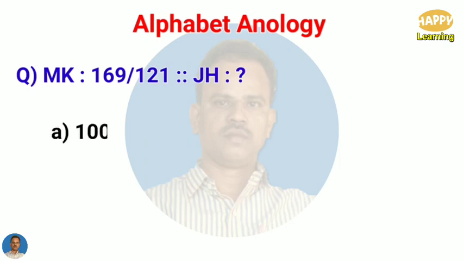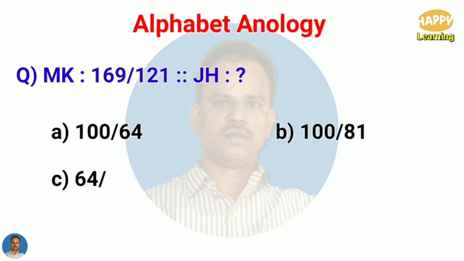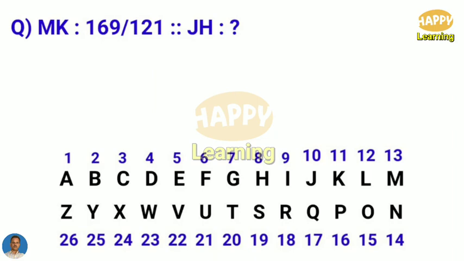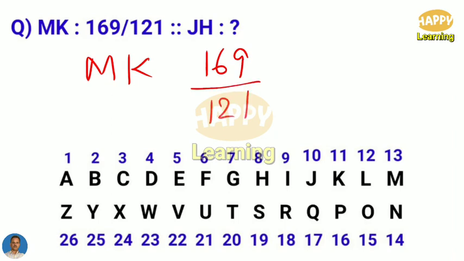options are 100 divided by 64, 100 by 81, 64 by 120, 81 by 100. See, MK is related to 169 by 121. What is the code for M? Code for M is 13.